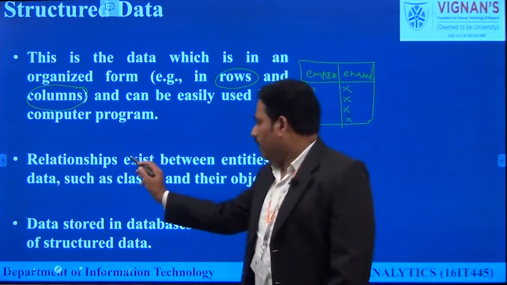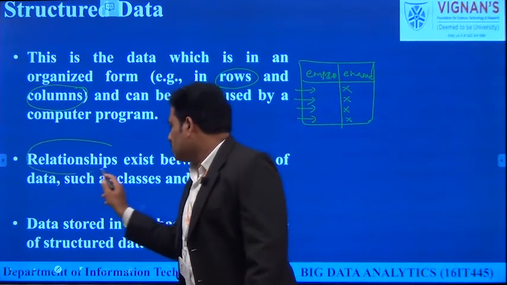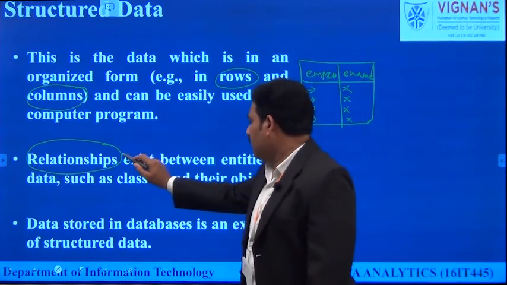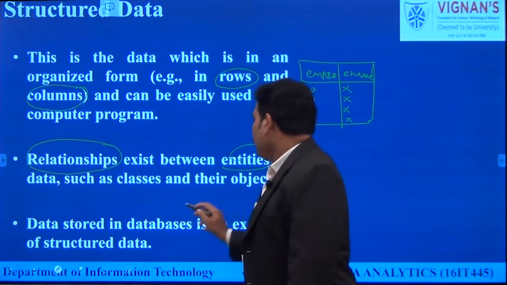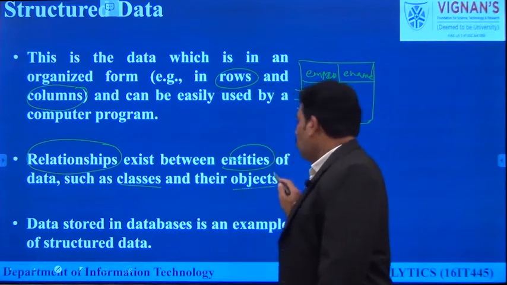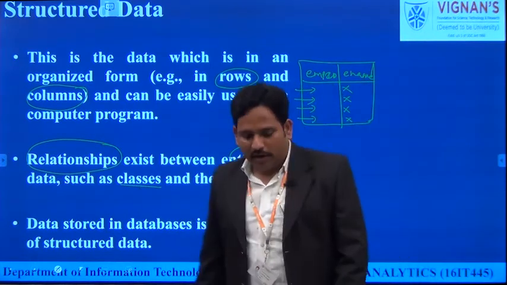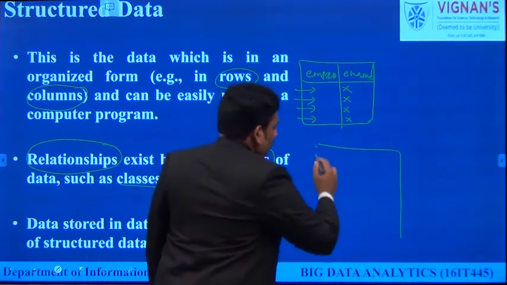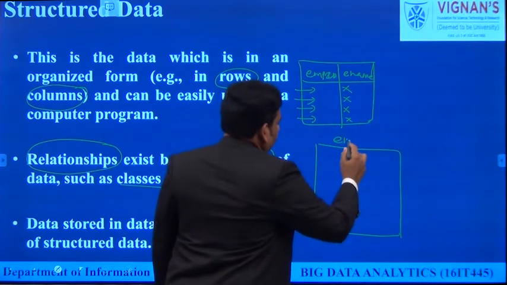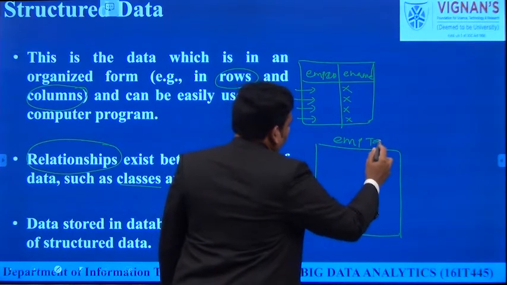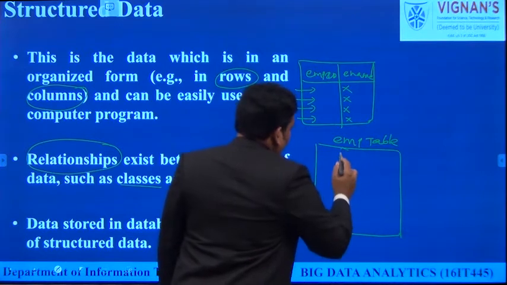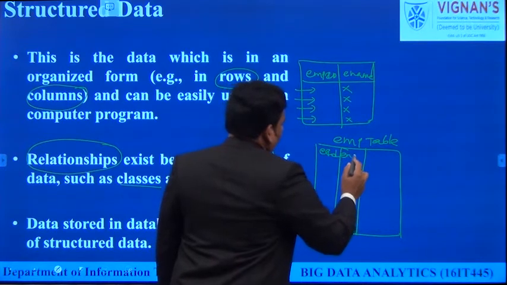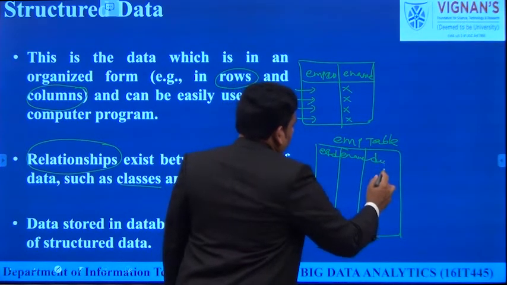Another parameter that makes it structured data is that the data will have a relationship. That means structured data has a relationship between entities of data such as class and their objects. Let's have a look at one small example here. In this employee table, or you can take an employee database, we have some fields like employee ID, employee name and department.